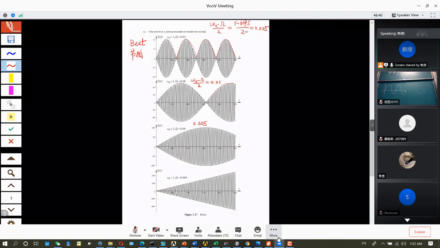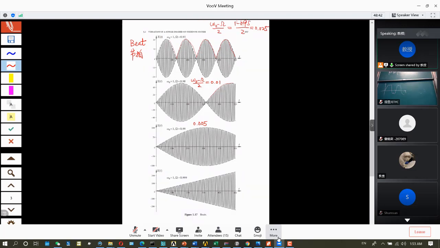Okay, so the amplitude increases linearly. And so the resonance case is a special case of the beat phenomenon.